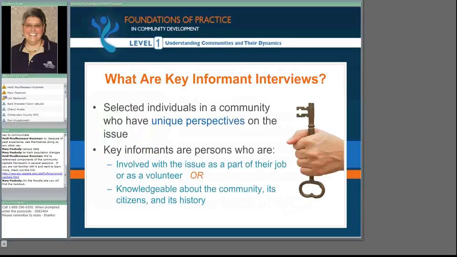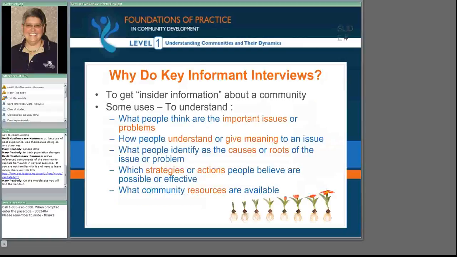Key informants are persons who are involved with the issue as part of their job or as a volunteer, or key informants are simply knowledgeable about the community, its citizens, and its history. What a key informant interview allows us to do is to see the issue, problem, or situation from an insider's perspective.